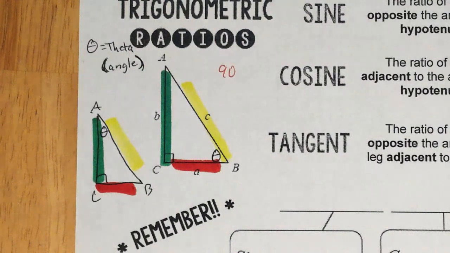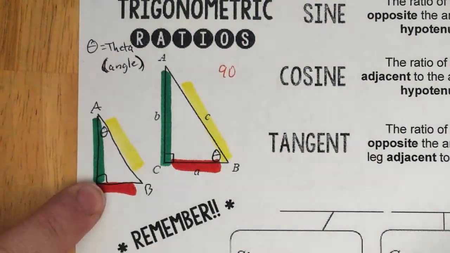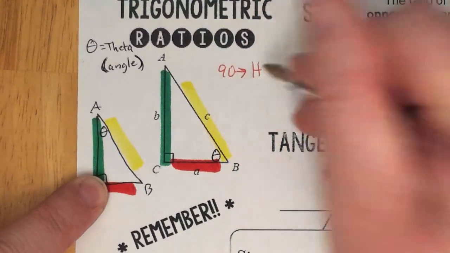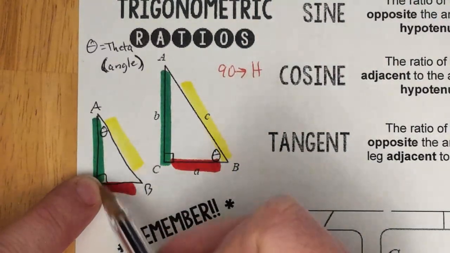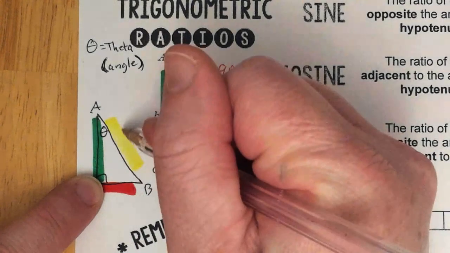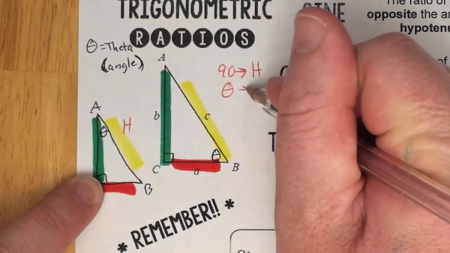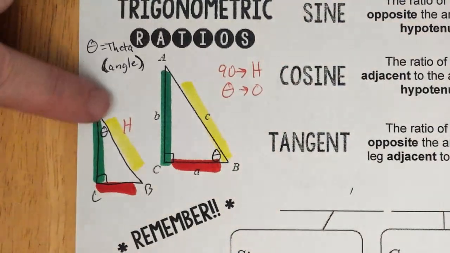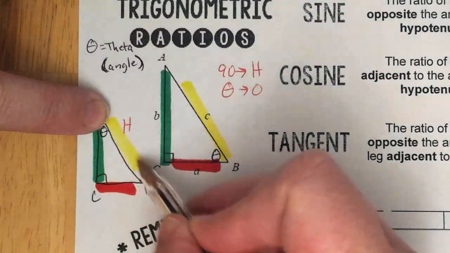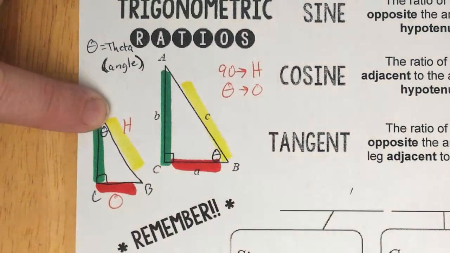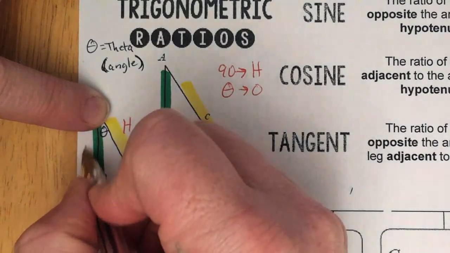Okay, so when you put your finger on the 90 degrees, the one side you're not touching will be the H. So we put our finger on 90. I'm touching green and red, so the yellow would be the H. Now put your finger on the theta. The one side you're not touching will be O. So I'm putting my finger on the theta. I'm touching yellow and green. The one side I'm not touching is red, so that would be the O. And the leftover side would be A.